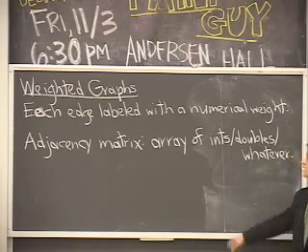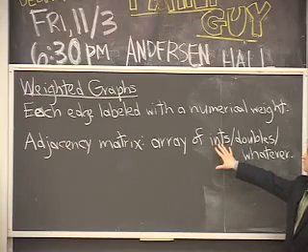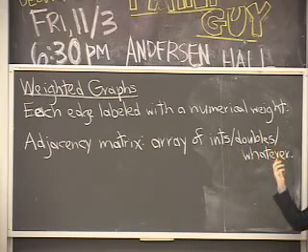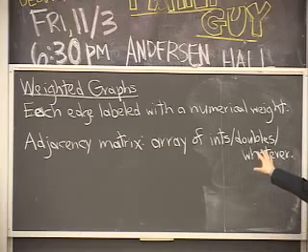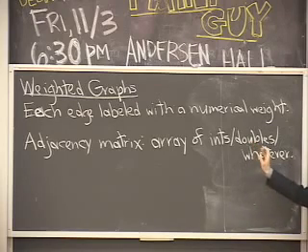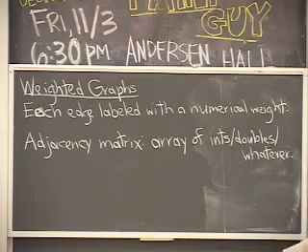So in that case, you might actually have two different arrays. You'd have a 2D array of Booleans that say, yes, the edge is there, no, the edge is not there, and then a second two-dimensional array of ints that say what the weight of the edge is if it is there.